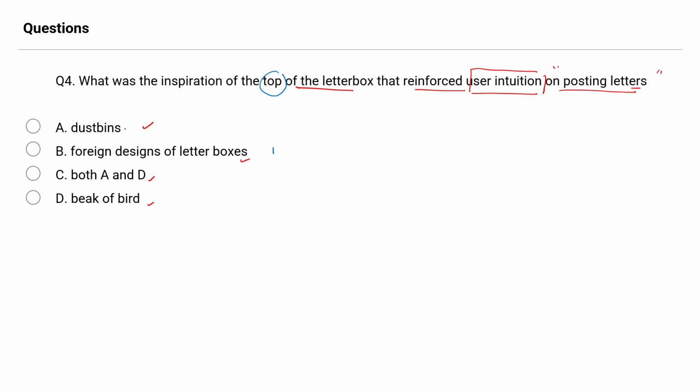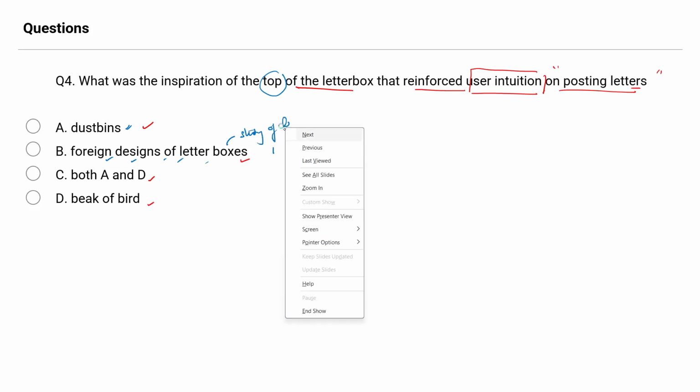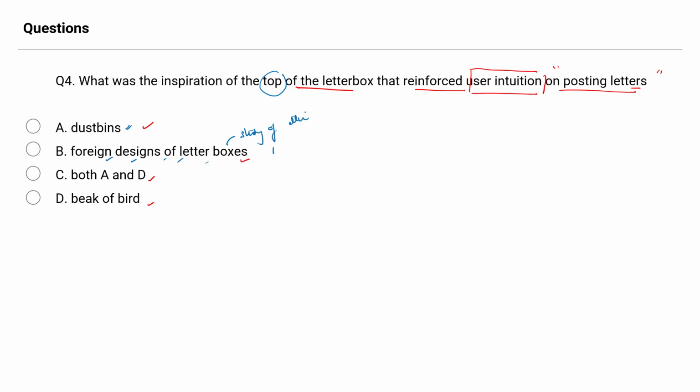You've got dustbins, foreign designs of letterboxes. Remember, they were doing a study of letterboxes across nations, wherein, if you remember, Nepal had one from brickwork.